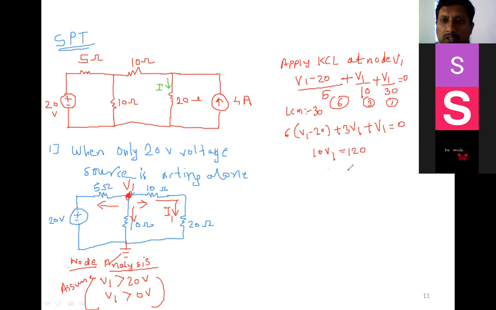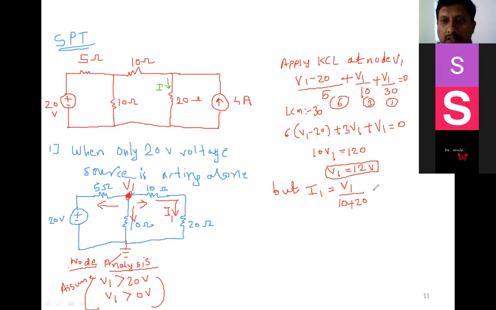So the V1 value is 12 volt. But we are finding the I1 current. I1 is the current in this branch, V1 divided by 30, that is V1 divided by (10 plus 20).